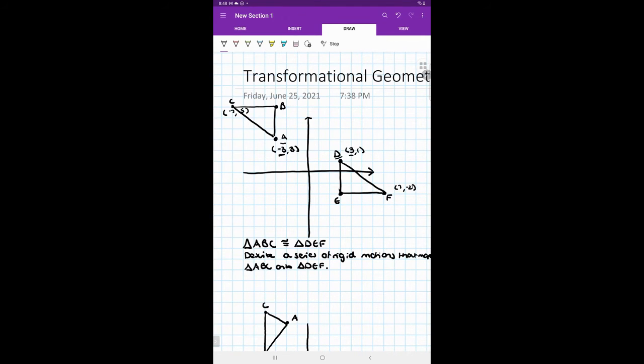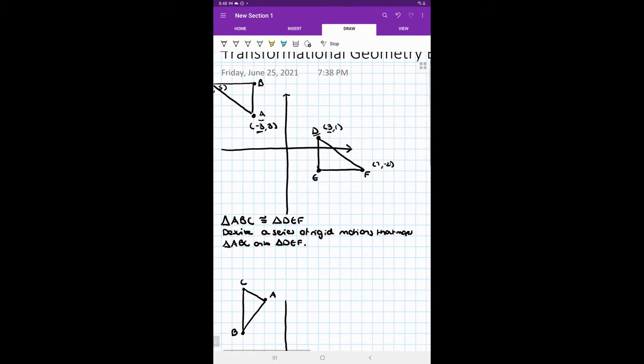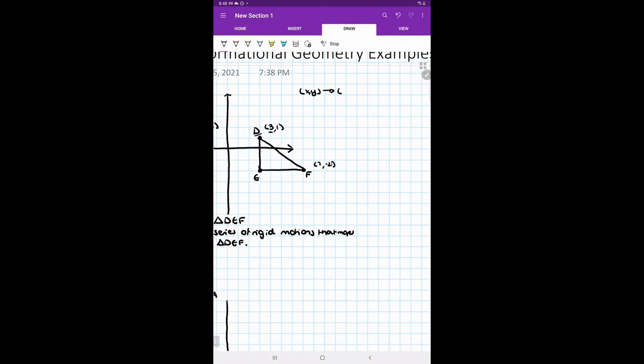Okay, so I know that part of it is that for (x, y), we want the x to become -x.